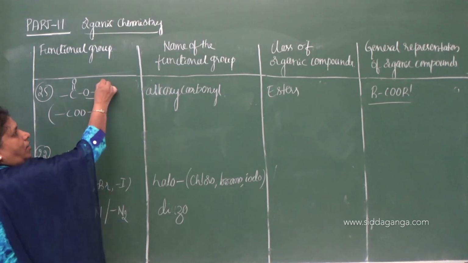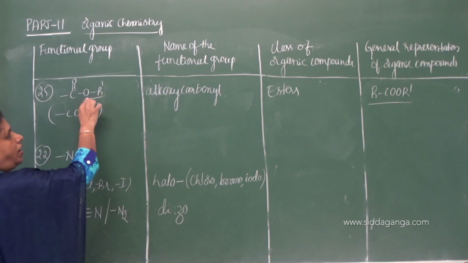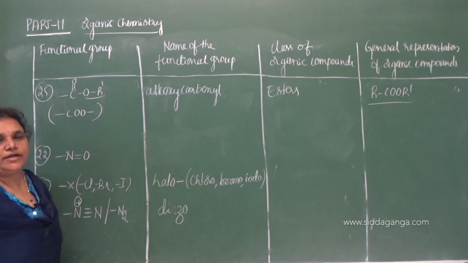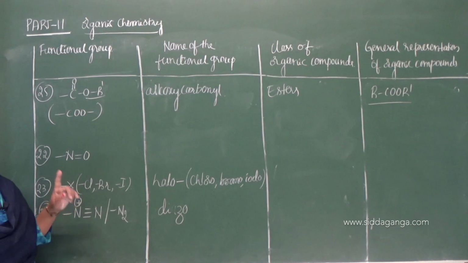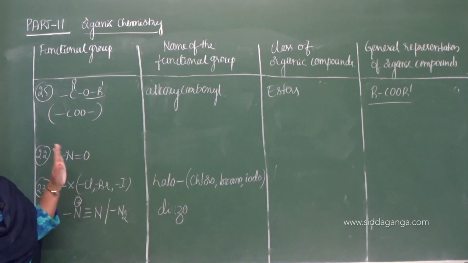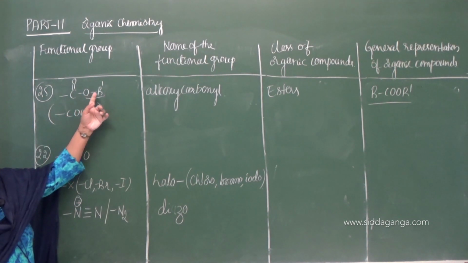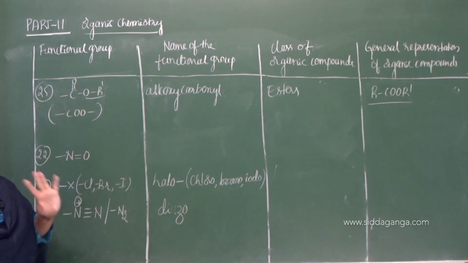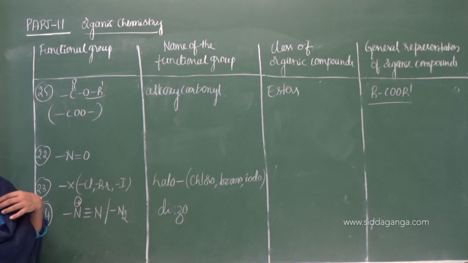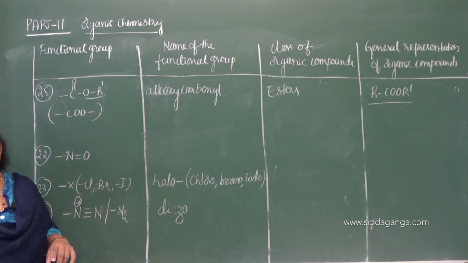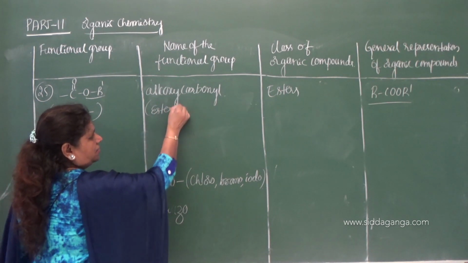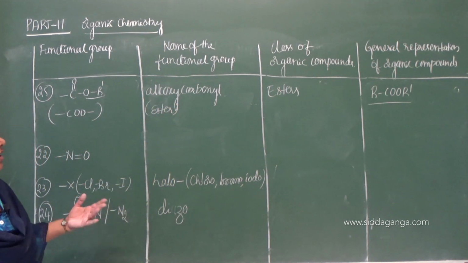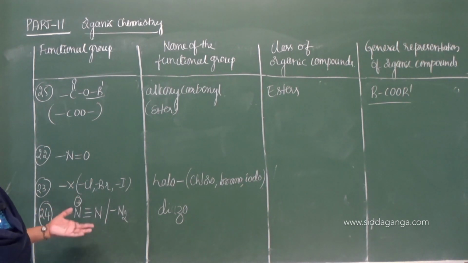Here alkoxy is R dash. Alkoxycarbonyl is the name of the ester functional group. Remember, ester is also a non-terminal functional group, but this oxygen is always attached to an alkyl group in case of ester. You can even write the name of the functional group as the ester functional group.